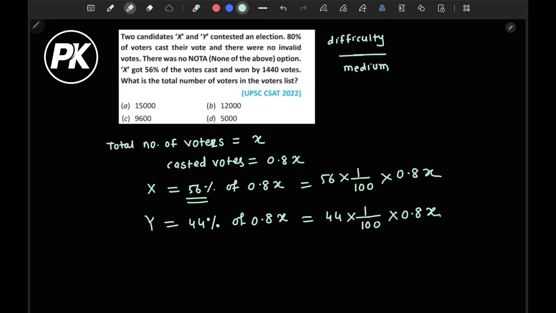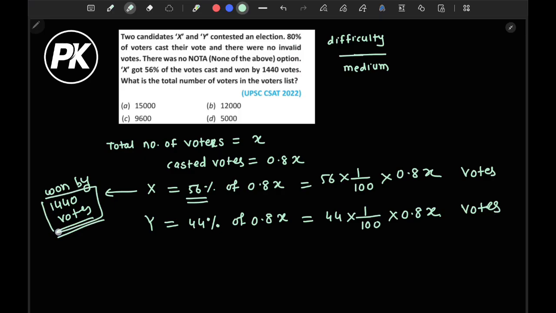And now it is given that X won by 1440 votes. We know X got these many votes, Y got these many votes, and X won by 1440 votes.